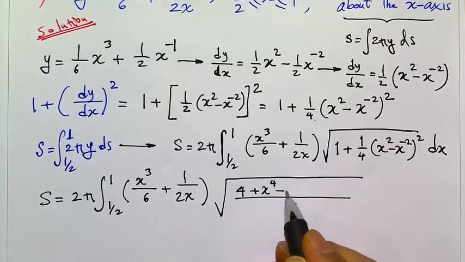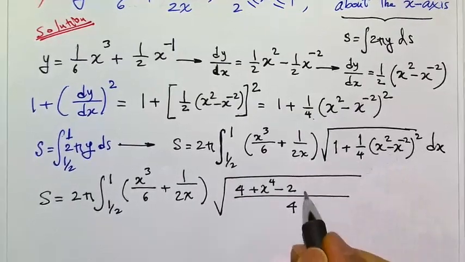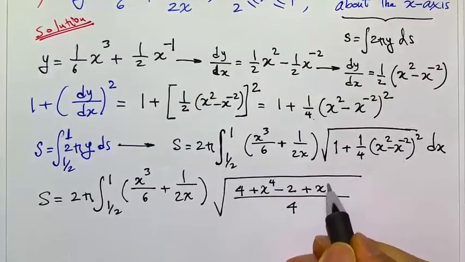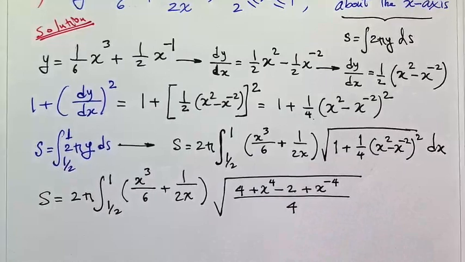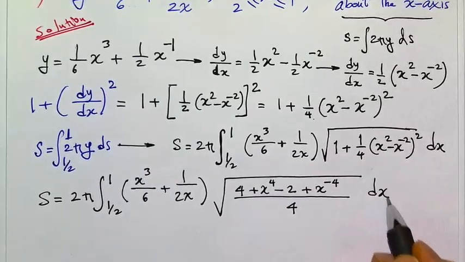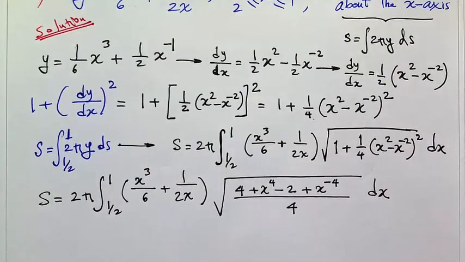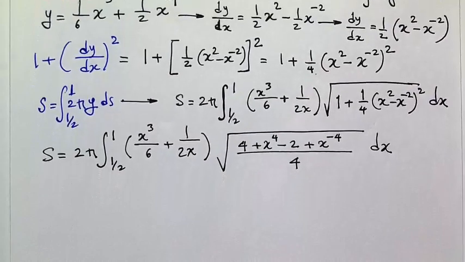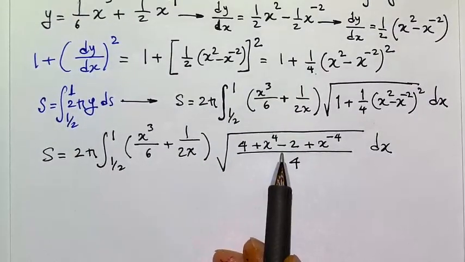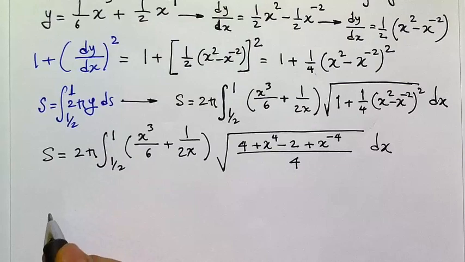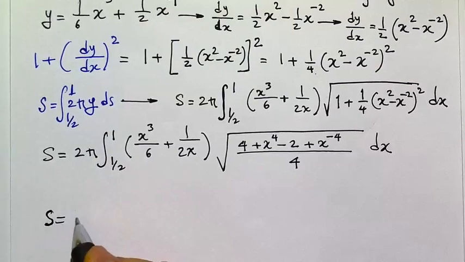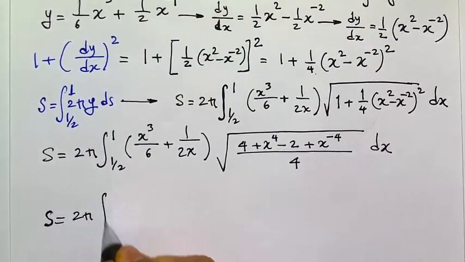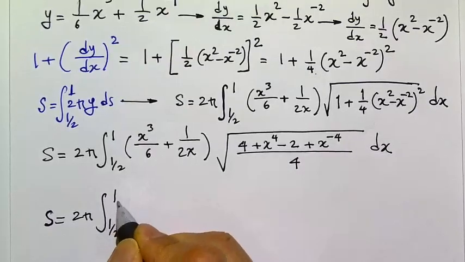And then plus x to the minus 4 power. Okay, and of course dx. Okay, so now we need to simplify that again, and so let me write that here. We have 2 pi, 1/2 to 1.